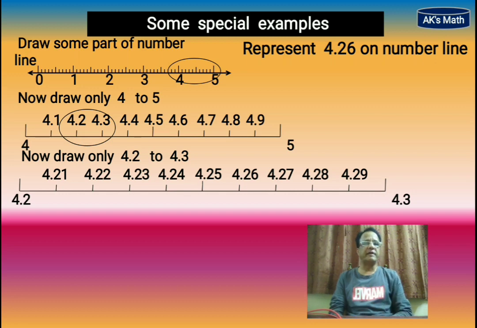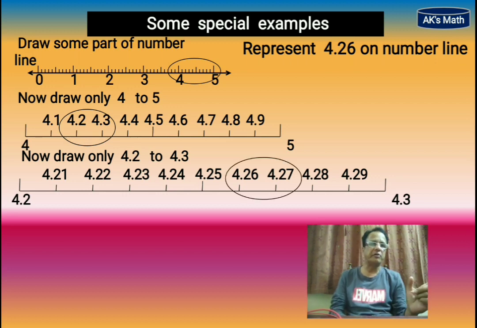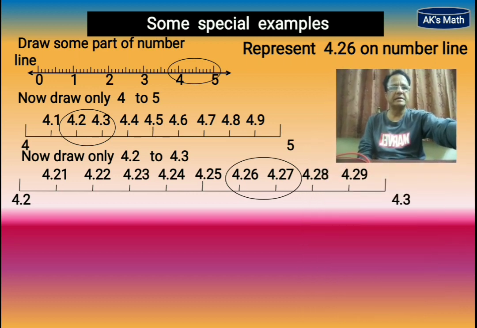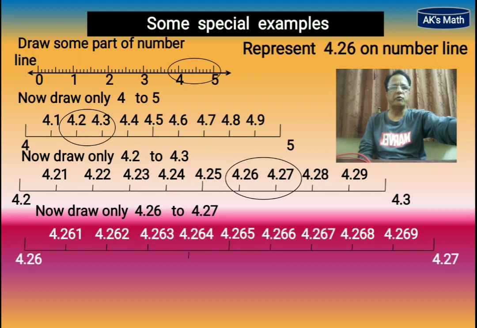Now think about where our number will lie. It will be between 4.26 and 4.27. Zoom that particular part again. It will be like this: 4.26 to 4.27, 4.261, 4.262, 4.263. In this way, you have to indicate the 10 parts.